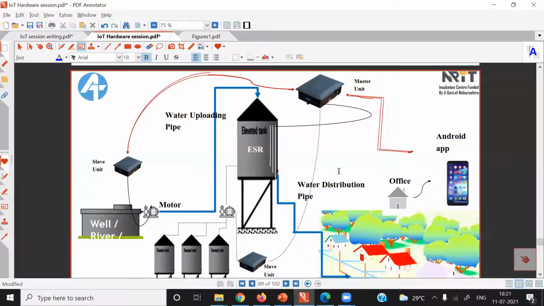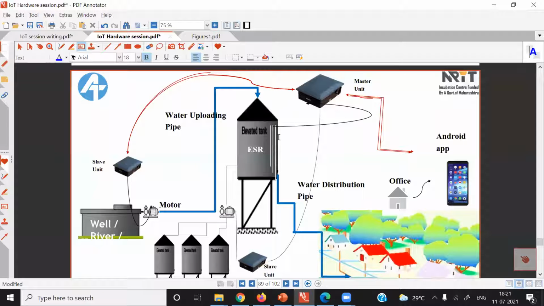We also developed another model wherein there is a single motor for a single overhead water tank. For this second method, we call it master slave combination. At the tank side, we have installed the master device, and at the motor side, we have installed the slave device.